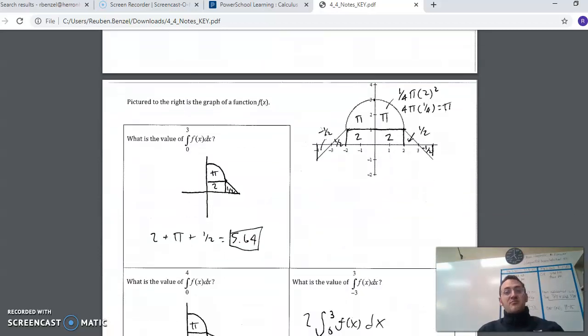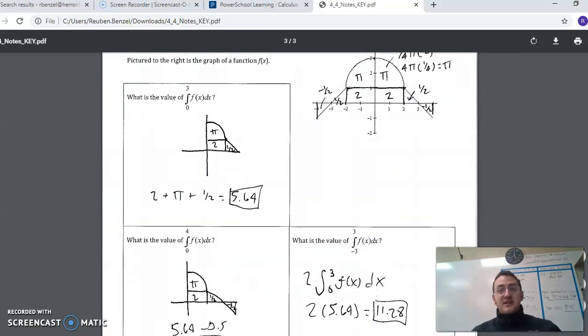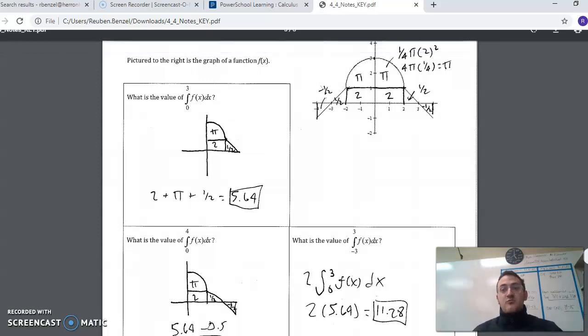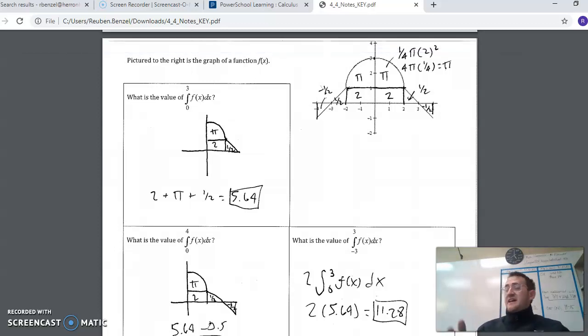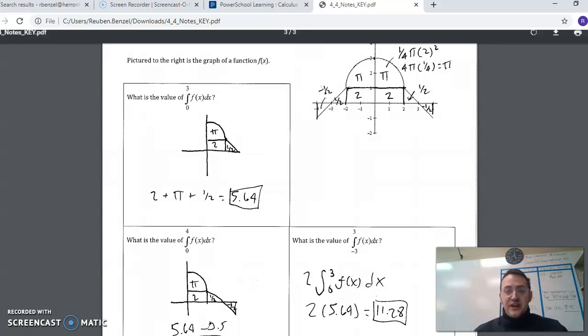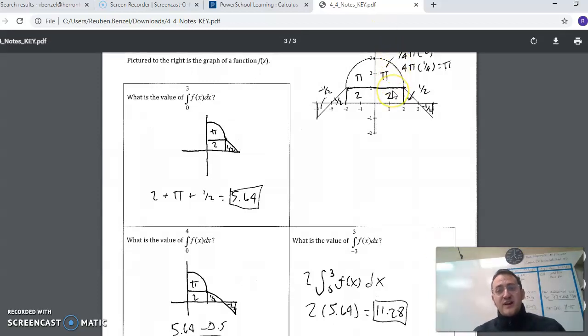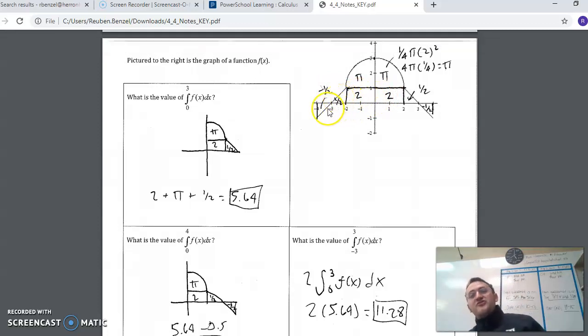Another type of problem that I like to give, and we'll have a little bit of station work with this type of problem, is area under a curve. It's kind of like the Riemann sum problems, except now I'm taking them into familiar geometric shapes. So you could see, I pieced this together.